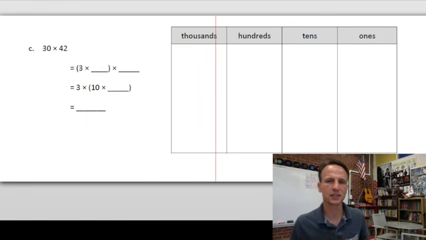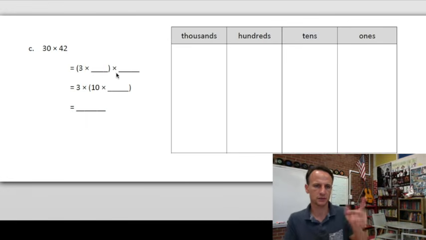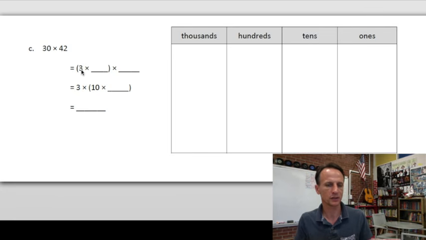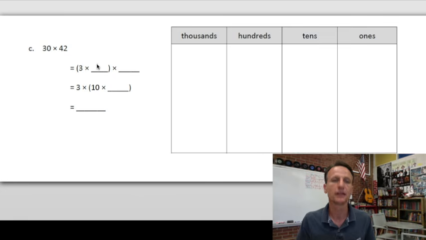In 1C, you see we're doing it again, this time just slightly changing up the numbers, keeping them nice and small though. We have 42 we're multiplying by 30. Now you see we're going to decompose the 30 as 3 times 10, which is being multiplied by 42.